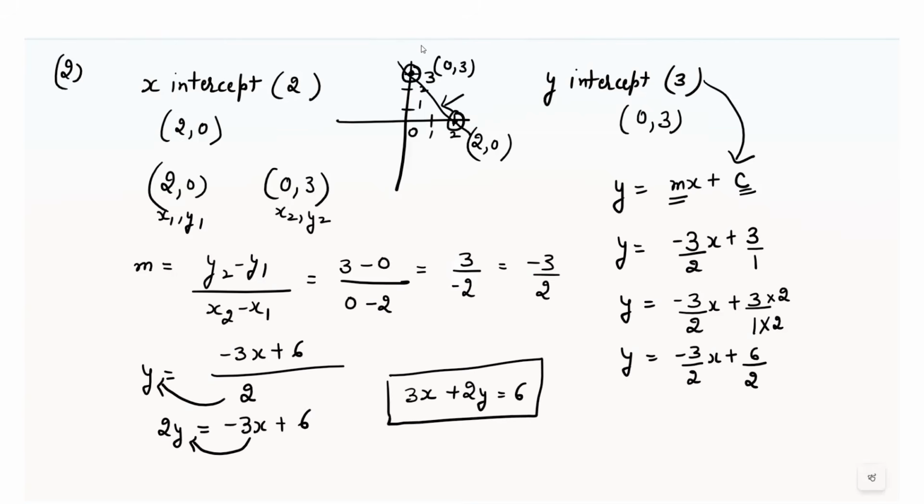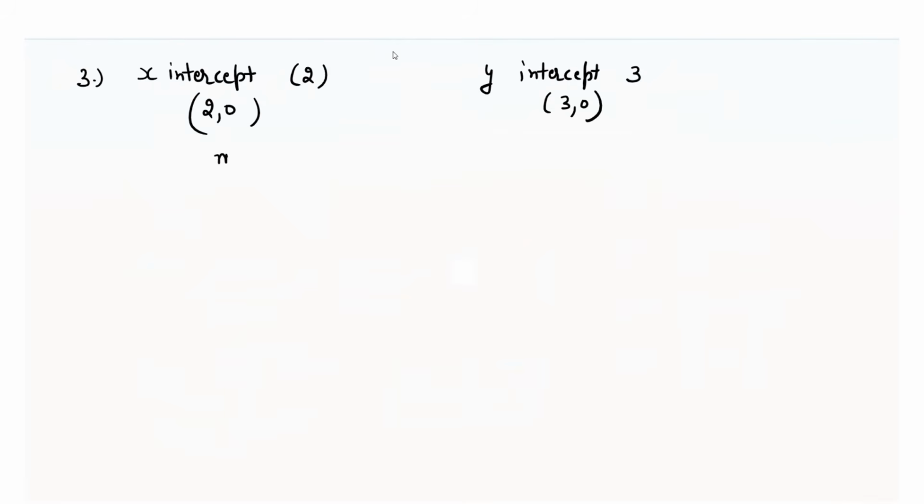Now let's understand the third way to write the equation of a line if two points are given, or if x and y intercepts are given. Since we have already calculated the value of m in the previous method, the value of m was negative 3 over 2.